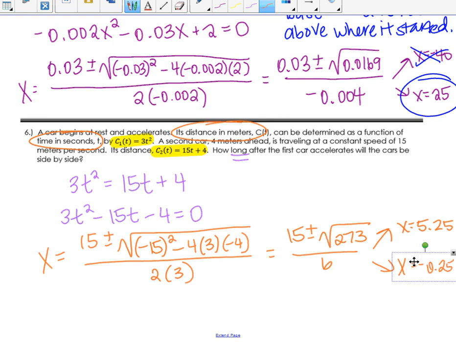Sorry, these are approximations. There we go. All right, so how long after will they be side by side? Well, they're just asking for the x value. So obviously a negative doesn't make sense here. So after 5.25 seconds, they will be side by side.